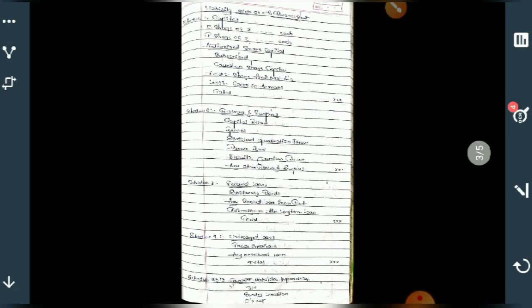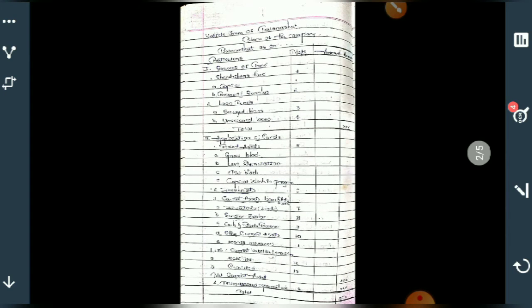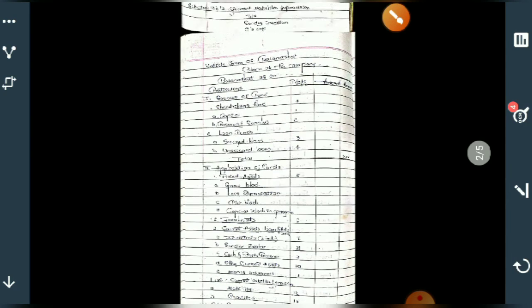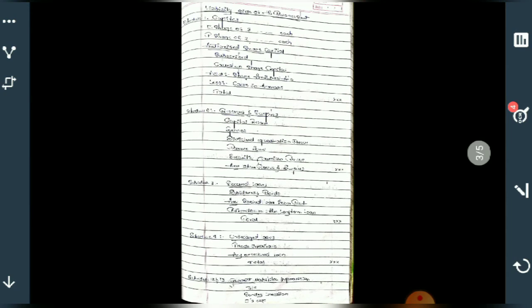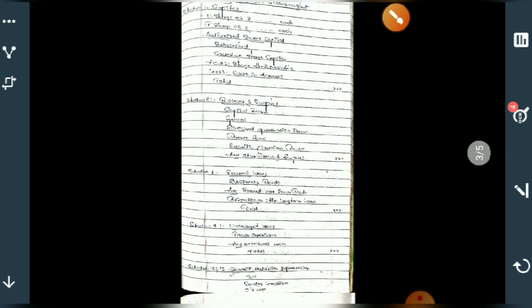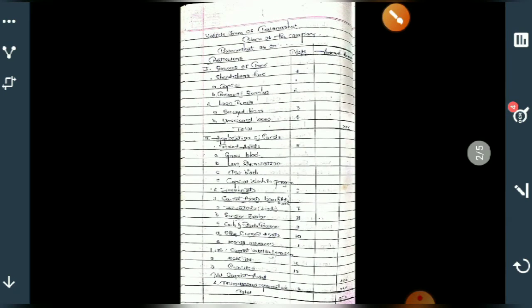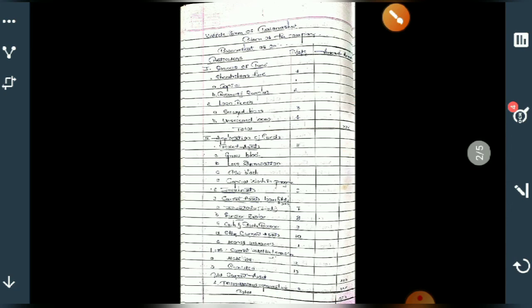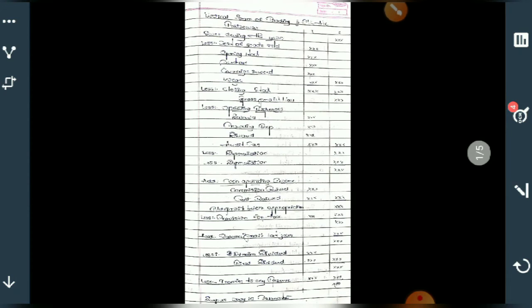First you have to write this blank format, and the second step is to find out all the schedule amounts, then bring these schedule amounts into the main format. Then the total of the liability side and asset side you have to tally. This way your vertical format will follow.